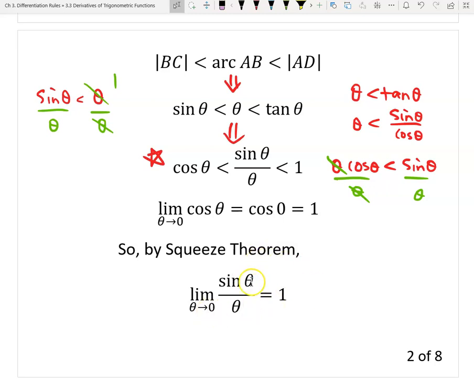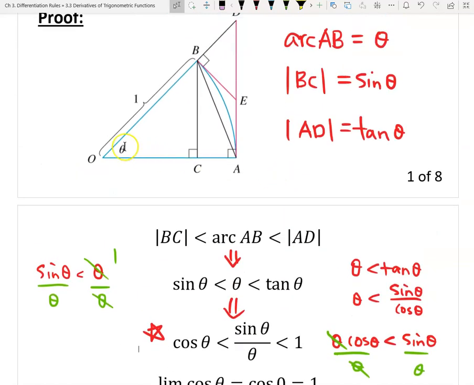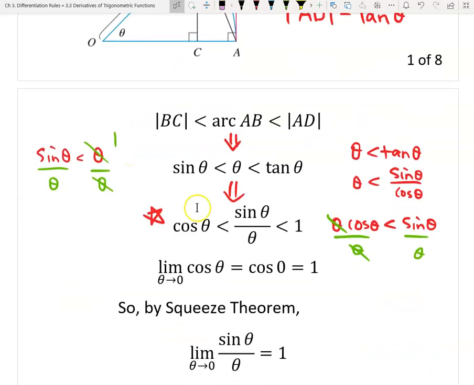Why? Because do you remember the graph that we drew? In this graph, theta is an acute positive angle. How about the negative? Is this statement true for negative theta? Yes, definitely. You are going to verify it by yourself. Sin theta over theta is an even function. Cosine theta is an even function, of course you know. Therefore f at negative theta equals f at theta.